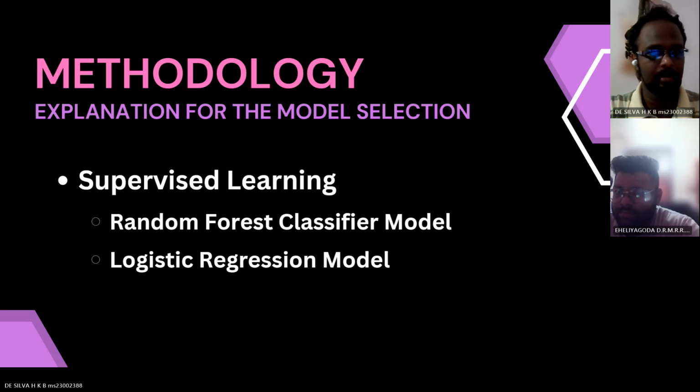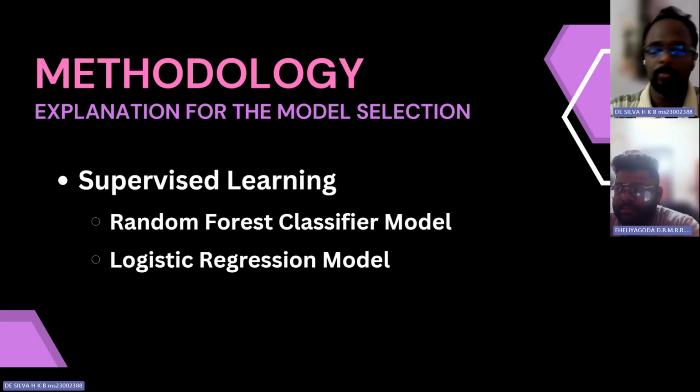Then we selected a machine learning method and two models for our task. We selected supervised learning, and in supervised learning we selected the random forest classifier model and the logistic regression model.